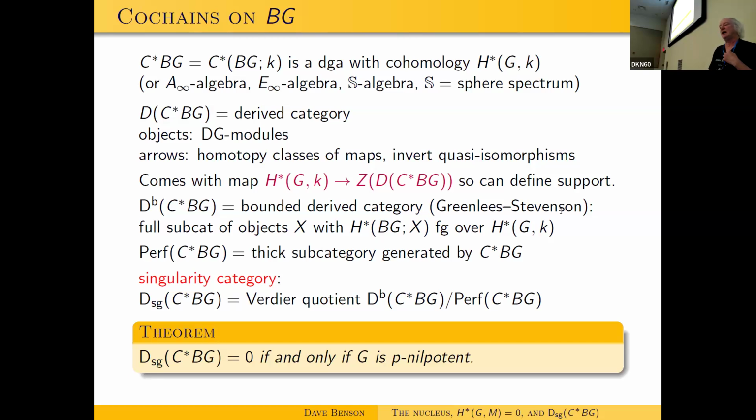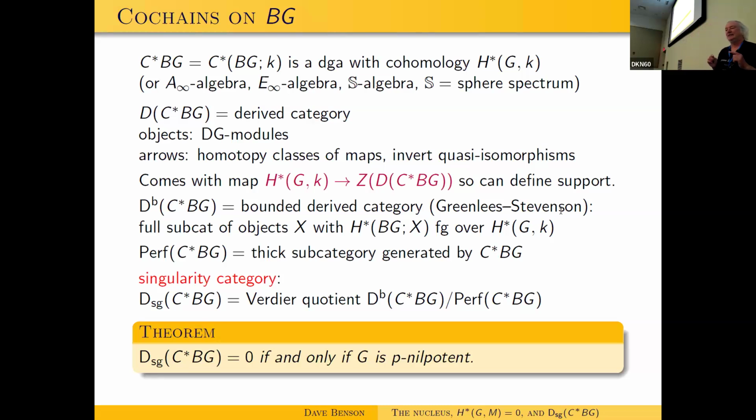Or there are various higher ways of thinking of it, like an A infinity algebra whose underlying ring is the cohomology. Or you can think of it as an E infinity algebra, where you look at all the higher commutativities. Or you can think of it as an S algebra in the sense of Elmendorf, Kriz, Mandell, and May, in which case it's actually strictly commutative, which is rather strange.